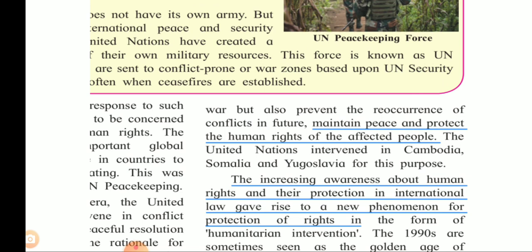Second paragraph, start writing. The increasing awareness about human rights and their protection in international law gave rise to a new phenomenon for protection of rights, in the form of 'humanitarian intervention'.